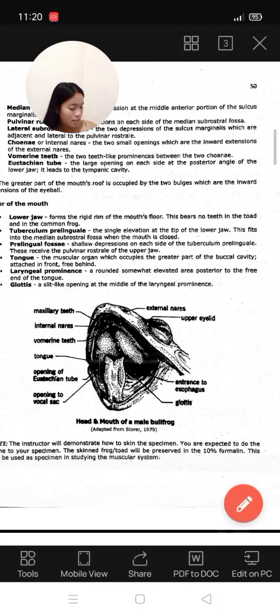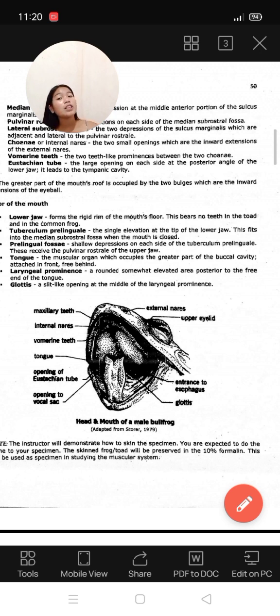Next is tuberculum prelingual. Tuberculum prelingual is the single elevation at the tip of the lower jaw. This fits into the median subrostral fossa when the mouth is closed.